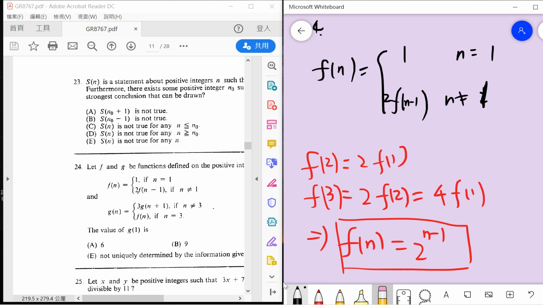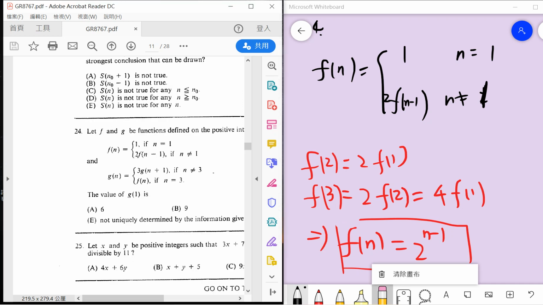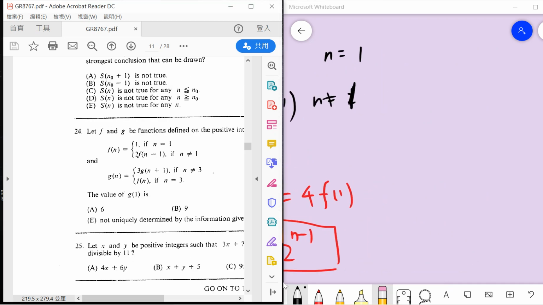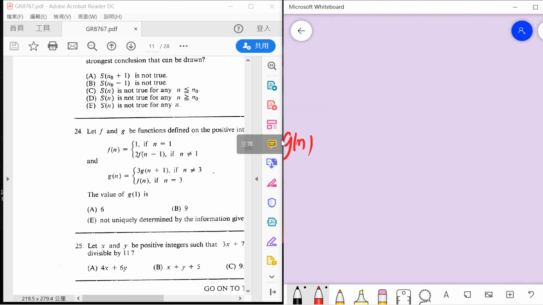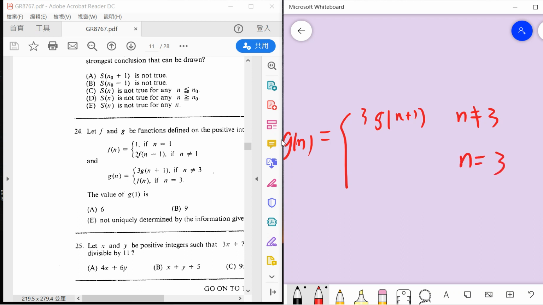Okay. So now we can solve g because we can plug in this f of n. When n is not equal to 3, this is 3 g of n plus 1. For n equal to 3, this is f of n.